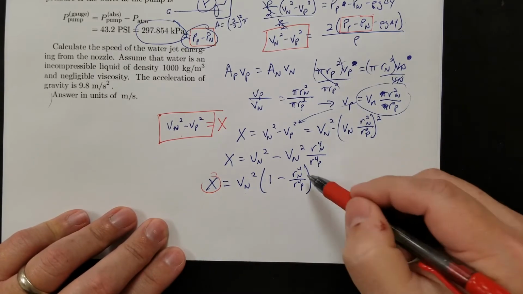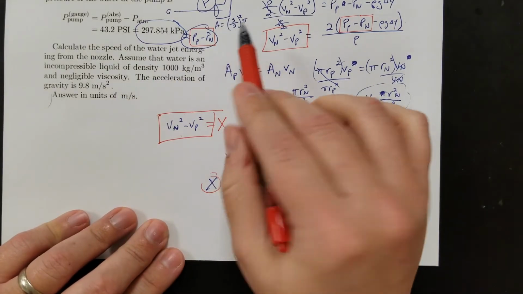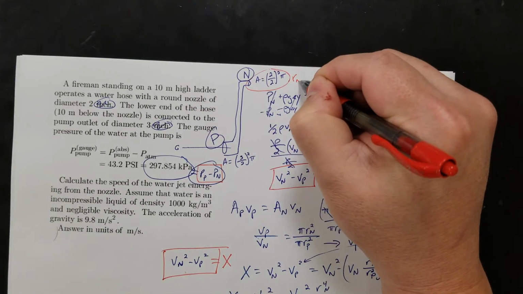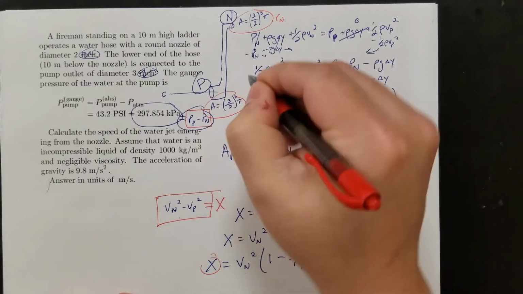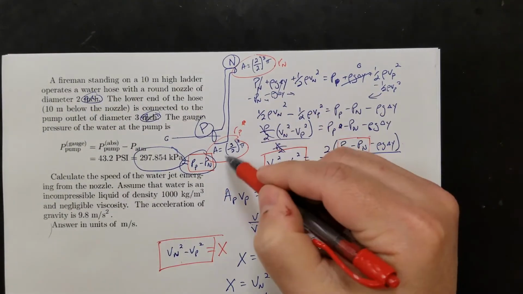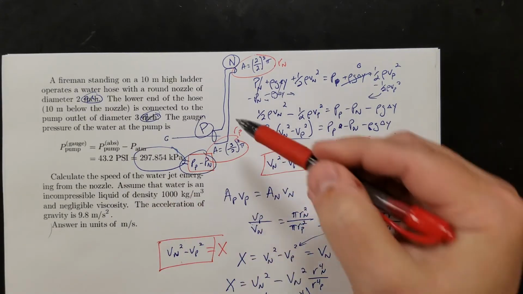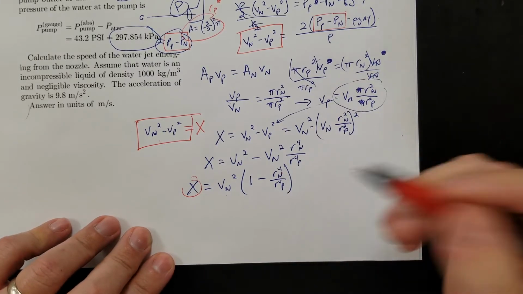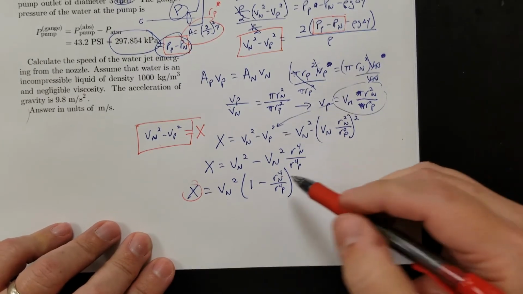1 is 1. R nozzle squared, I figured that out, right? So that's this number. That's R nozzle, and I can square it. This is R pipe, and I can square it, right? And I didn't need to convert these numbers from inches because I'm just going to divide nozzle over pipe, so the inches are going to cancel out. So it doesn't matter. You don't have to convert.